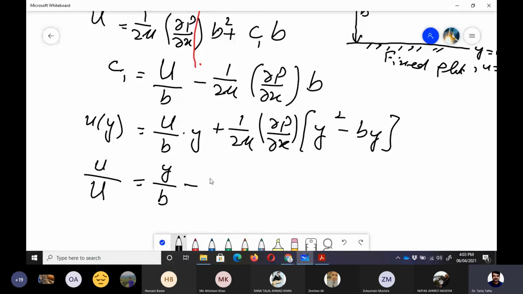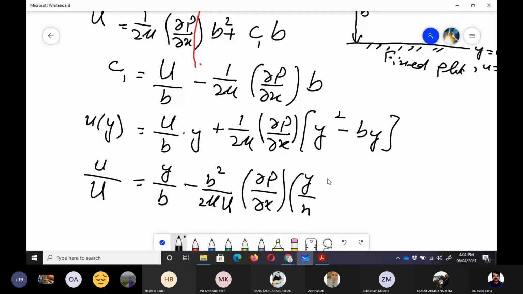So if we do that manipulation, we can write it, and you can do it on your own time if you want to know how we get here, because once we divide it by U, U would also come here, and partial p by partial x into y upon h, 1 minus y upon b.